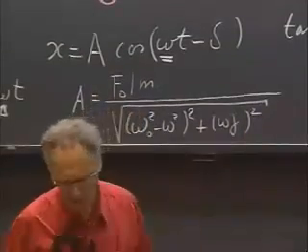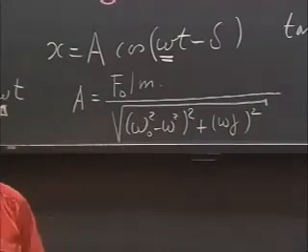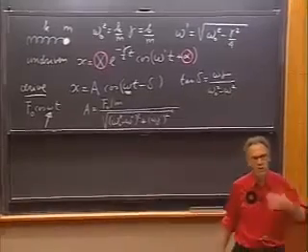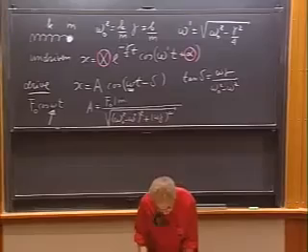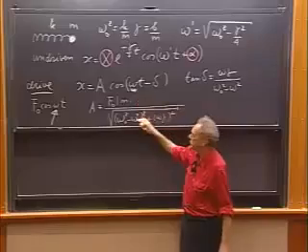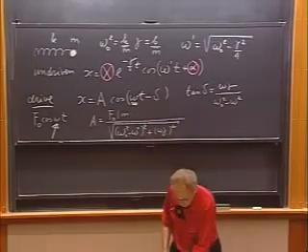And we spent the entire lecture on dealing with this A. We changed omega, and we evaluated omega equals 0, omega at resonance, omega at very high values. There is no adjustable constant in this solution, but there was one in that solution.